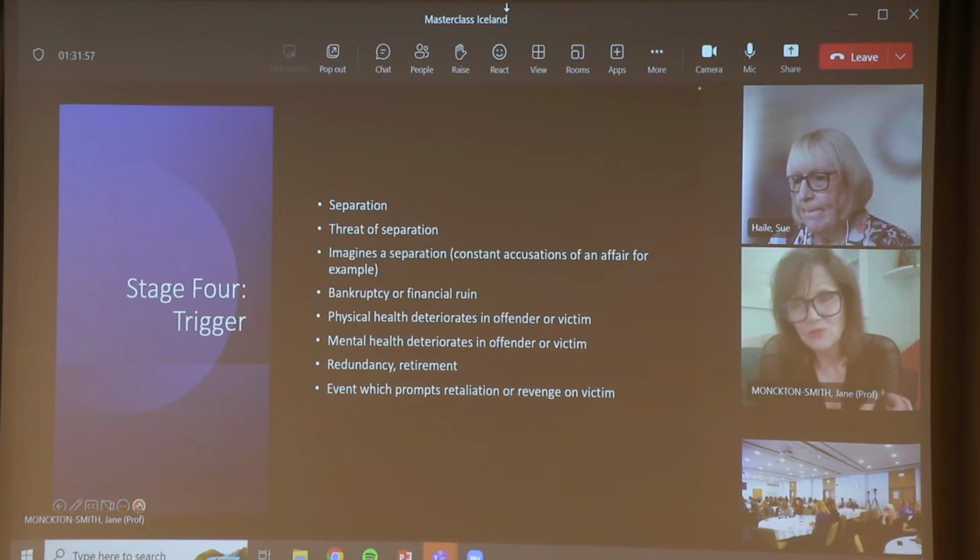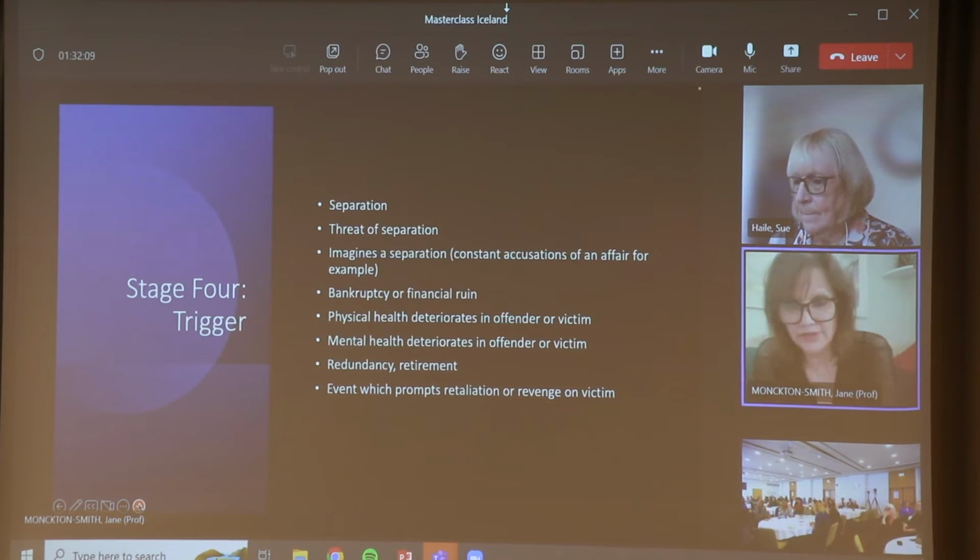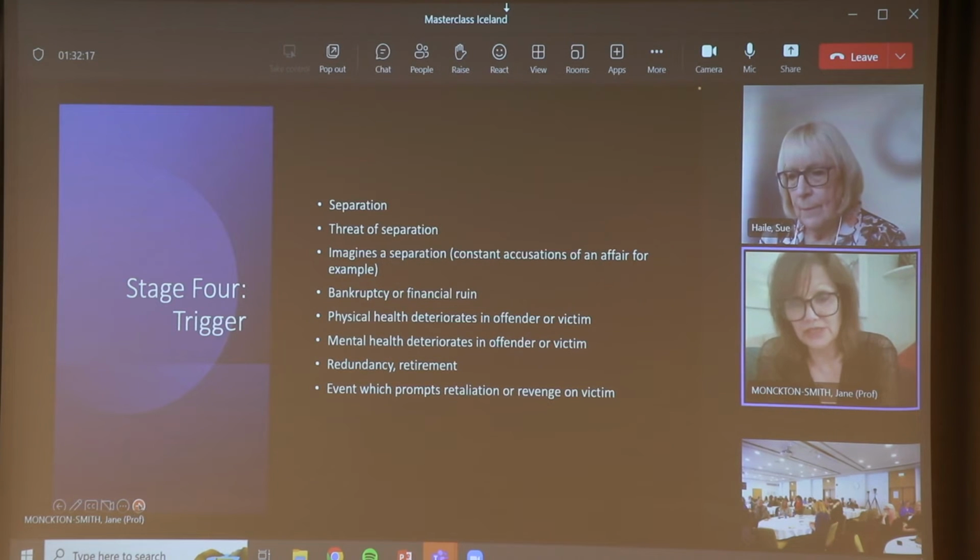So we can't escape that fact. So we know then that the people at most risk are people in relationships with men, whether they are men or women, but predominantly in a homicide, in this category, women are mainly going to be the victims.